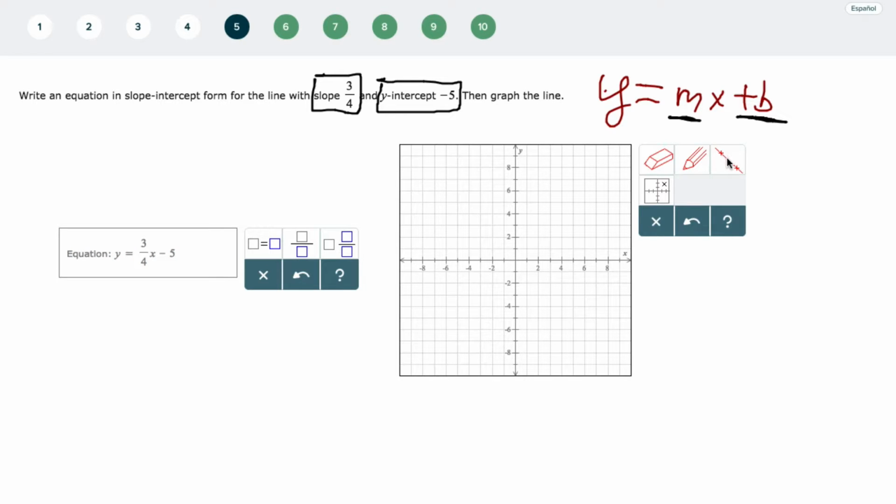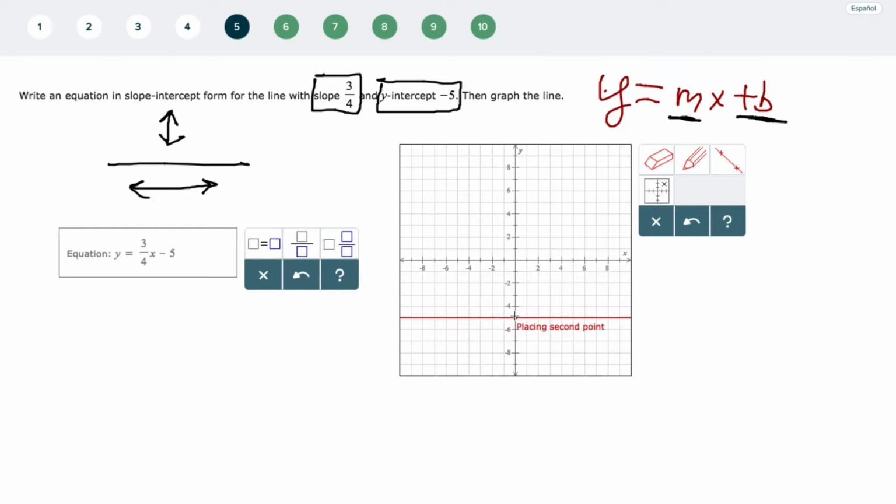Now we graph it. Our y-intercept tells us where we're crossing the y-axis. So right here. And then 3 over 4. If we remember, slope is how far we go up and down over how far we go right or left, or rise over run, or whatever you need to do to think of it.